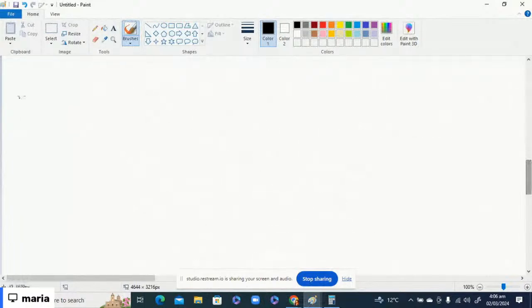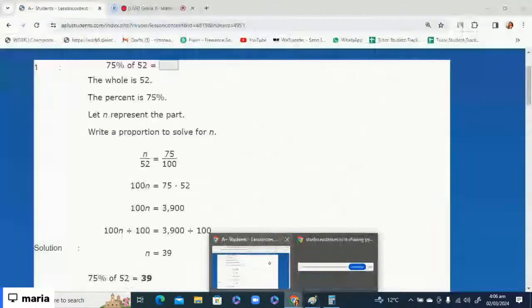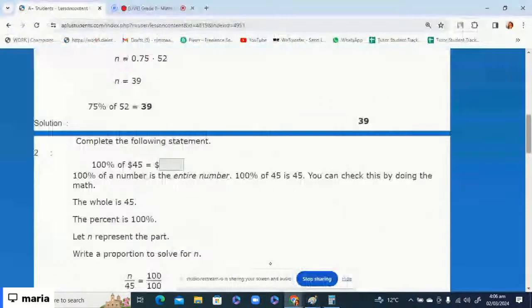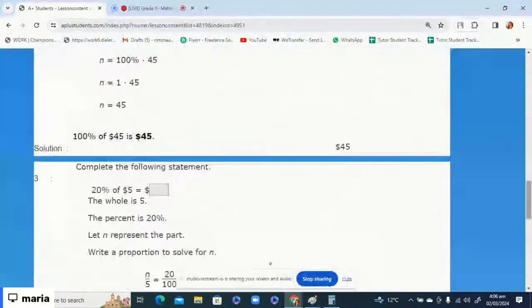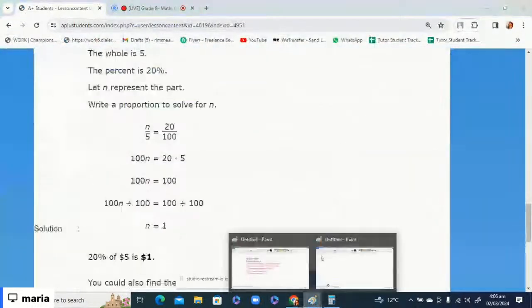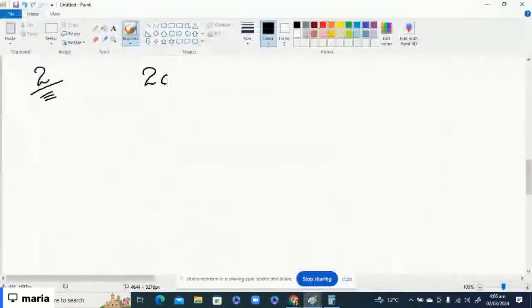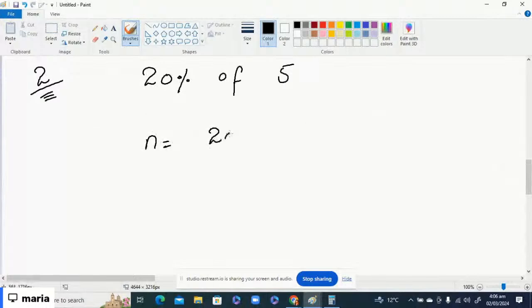Okay, so here is the second question, that is 20% of 5. First we are going to choose the method where n is equals to percent of a whole number, which is 20% times 5.